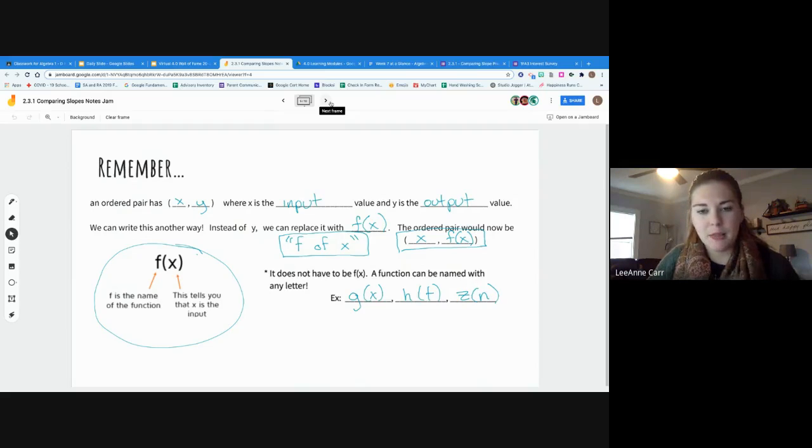The outside one is the name. The inside one is the variable that you'll see in the equation. Give everybody about 10 seconds to make sure they have the important stuff written down here, and then we will move on to the next slide.